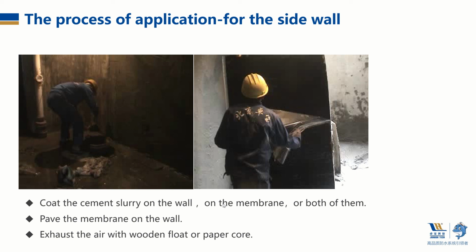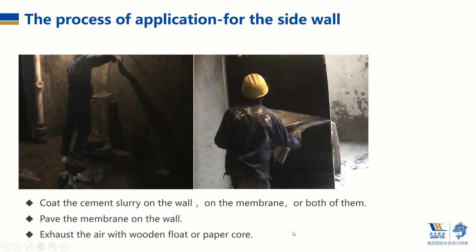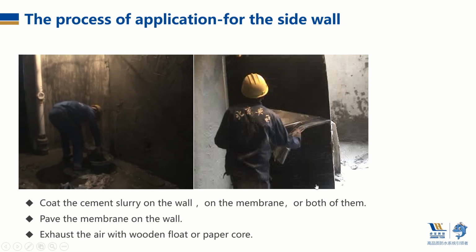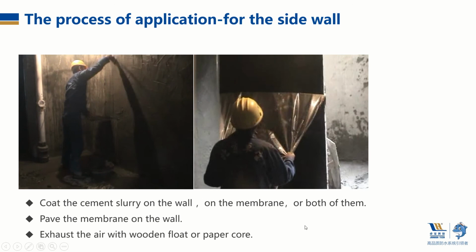Wet application is also reliable for side walls. Coat the cement slurry on the wall, on the membrane, or both of them. Pave the membrane on the wall.